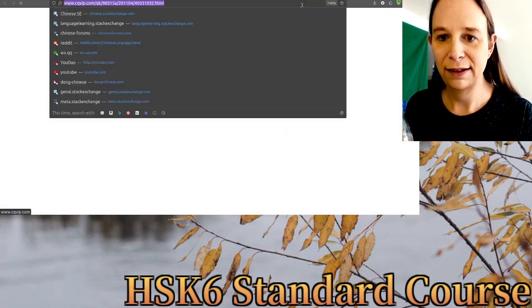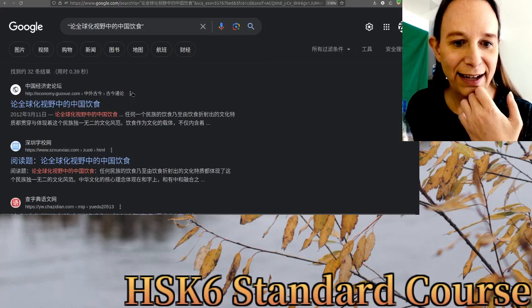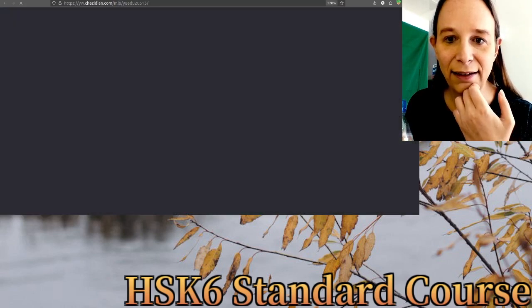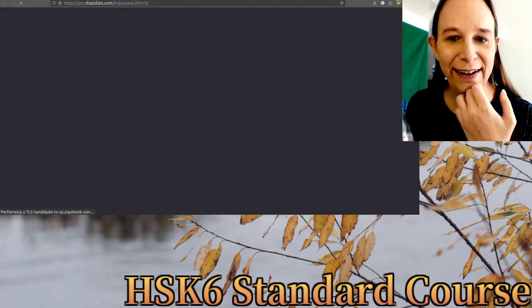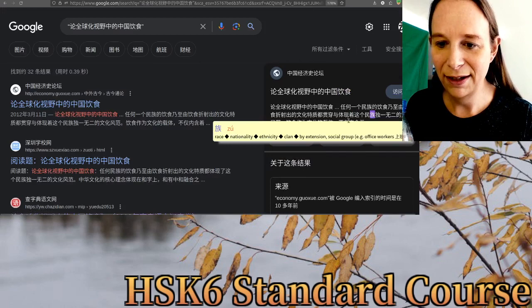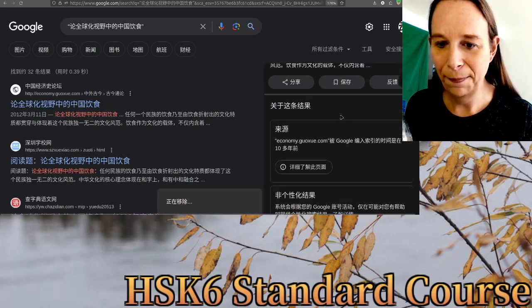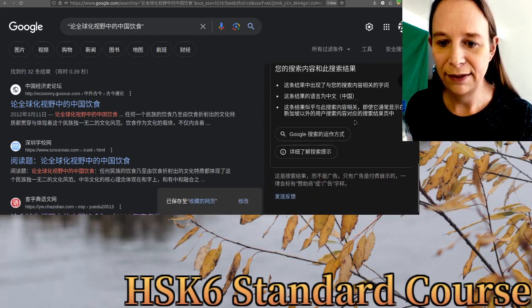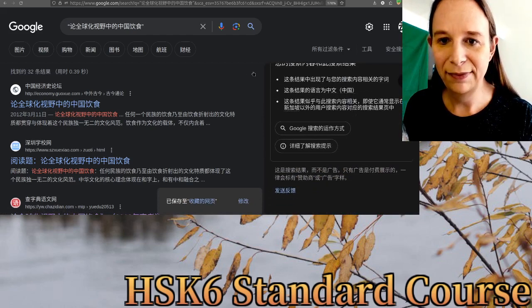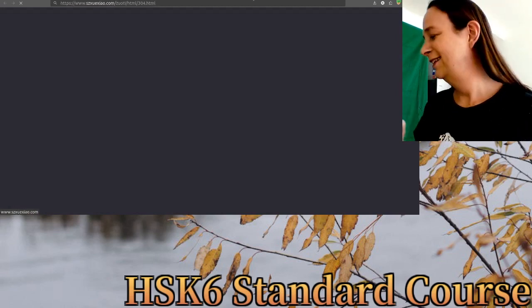Boom. Okay, check. I got some characters, not the whole text. Can I check the cached version? Oh no, I don't want to bolt swing it. Come on!